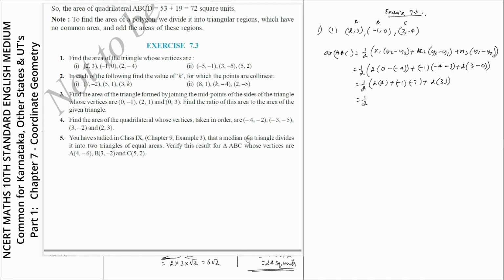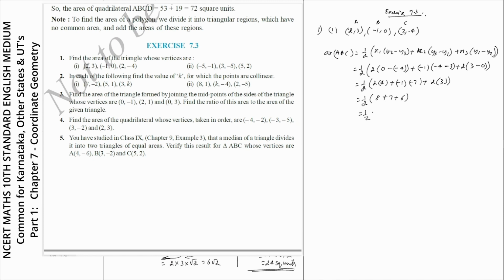So 1 by 2, I'll get 2 4s are 8, then minus 1 into minus 7 is plus 7, plus 2 3s are 6. So half into 8 plus 7 plus 6.